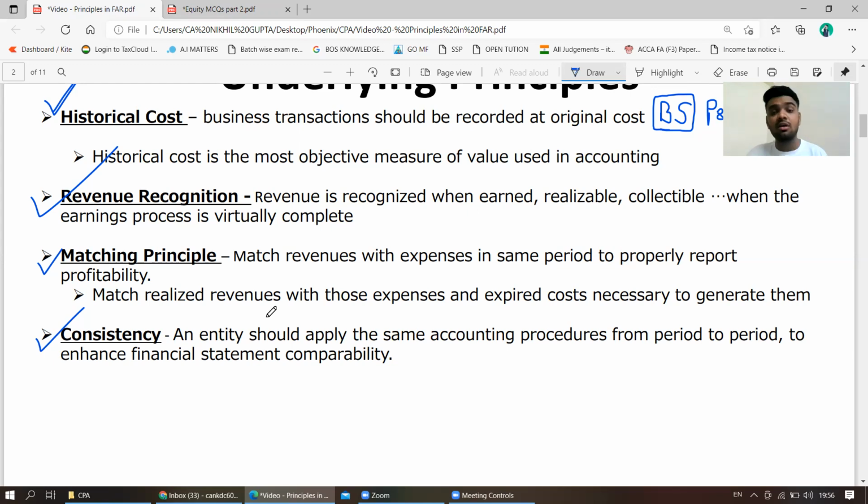In a nutshell, when you apply the same accounting policies from year to year, your financial statements are comparable, because financial accounting and reporting are needed on a consistent basis, comparable for the previous year as well as the current year data.